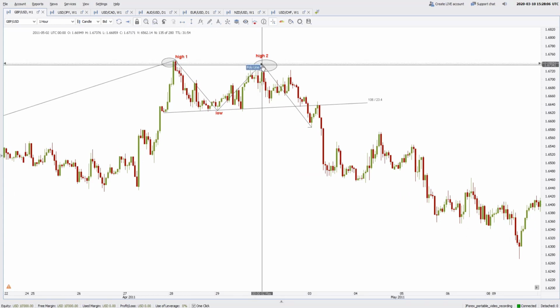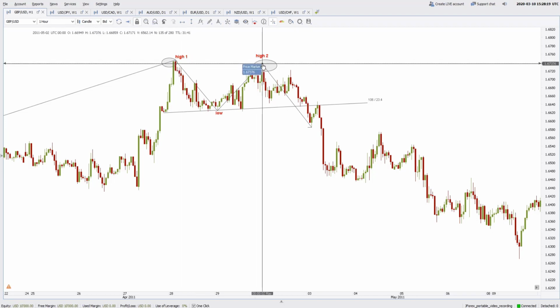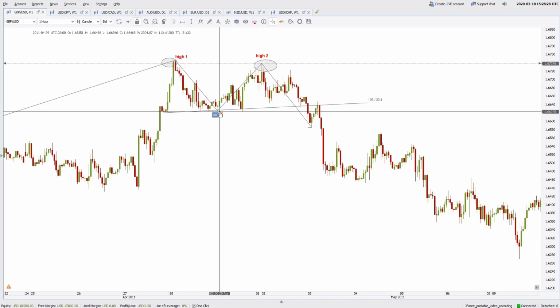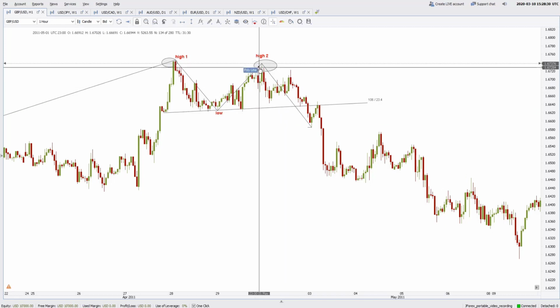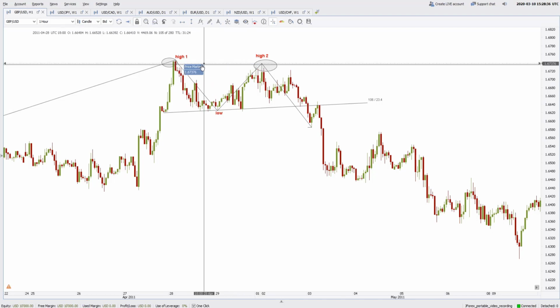Now this second high can be within some 2 to 3% of the previous high. It can go a bit higher than the previous high, or it can stay a bit lower than the previous high. But if it is lower than the previous high, it is a much better signal, because it suggests that the buyers from this low who made the price go to this high are not strong enough to break the previous high.